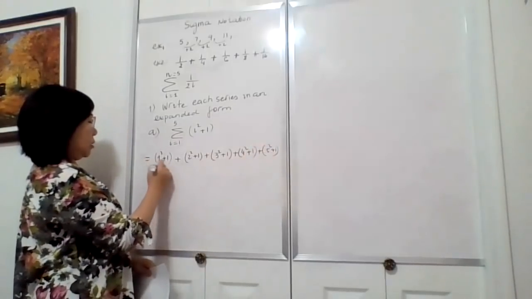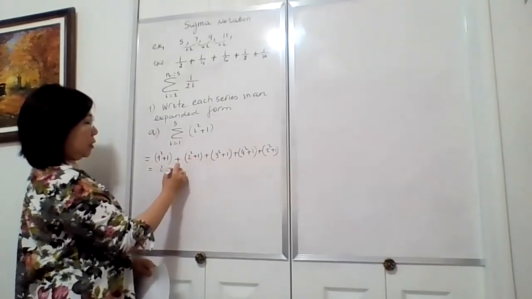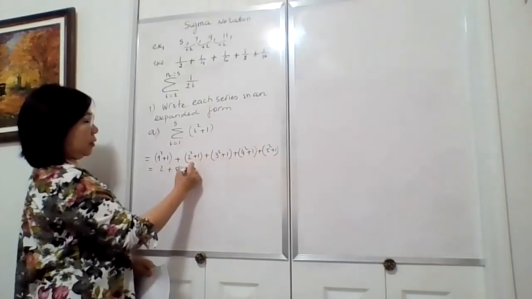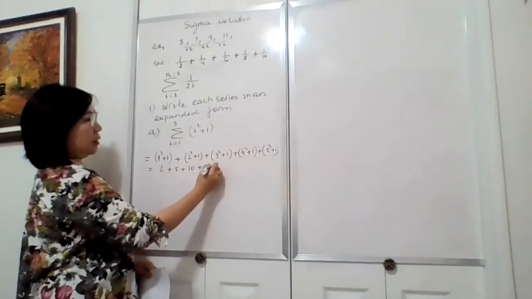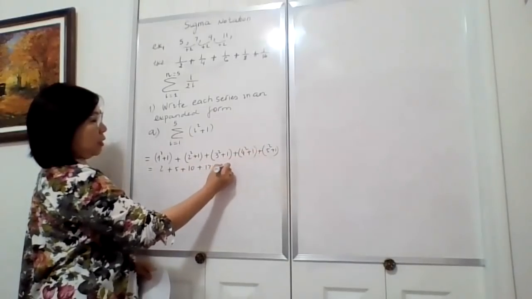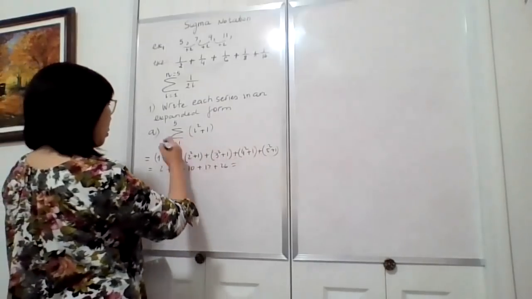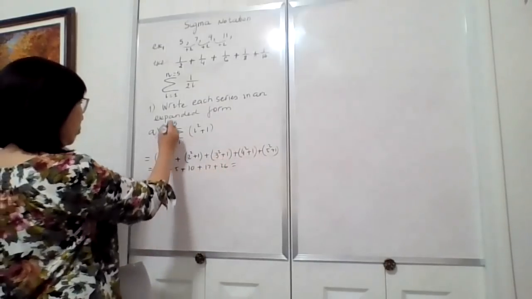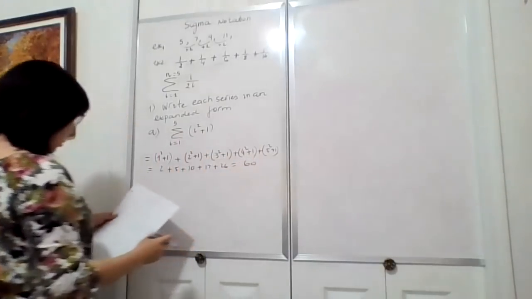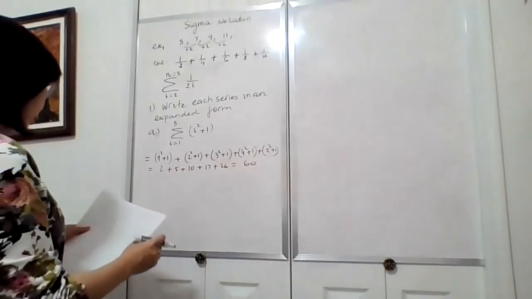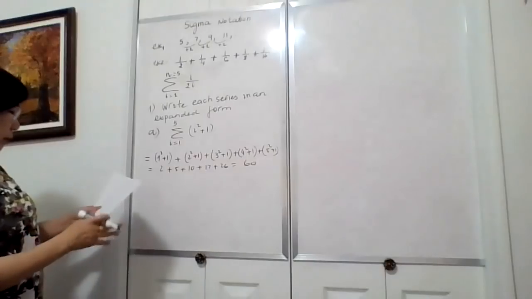So this will give us 2, adding with 4 plus 1 is 5, adding with 10, adding with 16 plus 1, 17, adding with 25 plus 1 is 26. And after we add them, we know that this will be equal to 60. Okay. So that's how you do it.